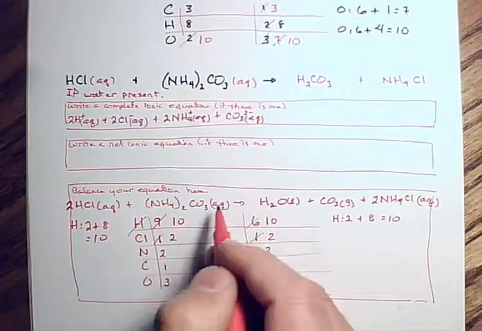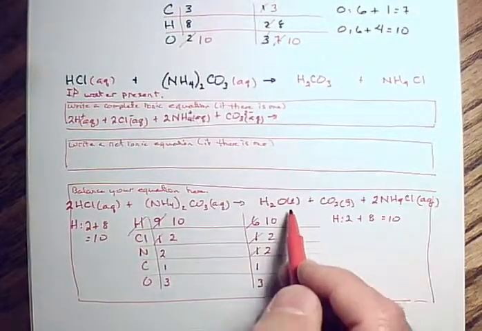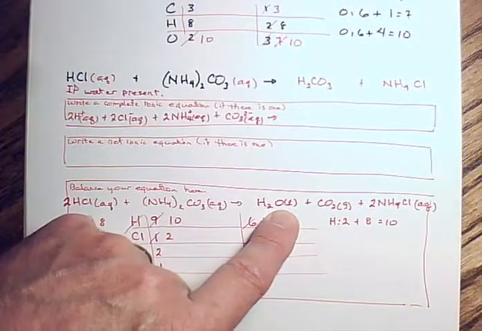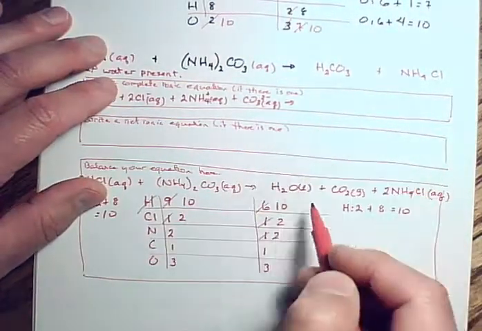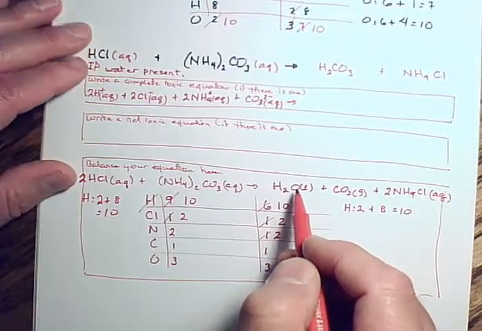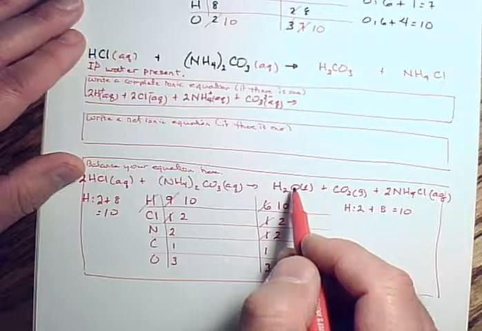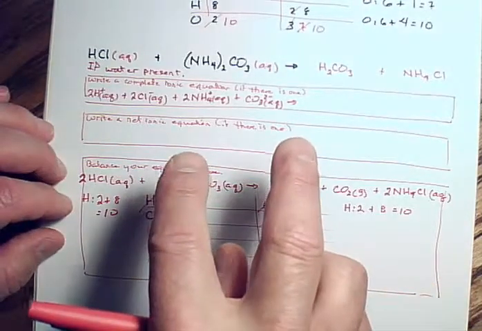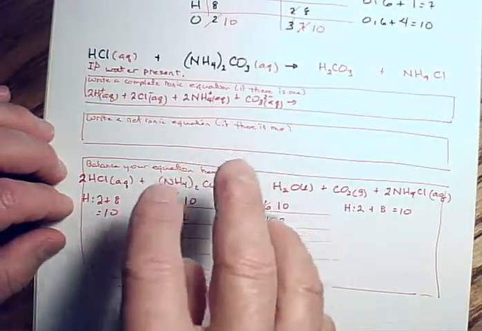Okay, and so that's everything on the left-hand side. Go to the right-hand side. This is not aqueous, so it's not going to split up. Water is not aqueous. It's not an ionic compound. It's not an acid. If you're going to split it up, it has to be acid or ionic, and it also has to be aqueous.